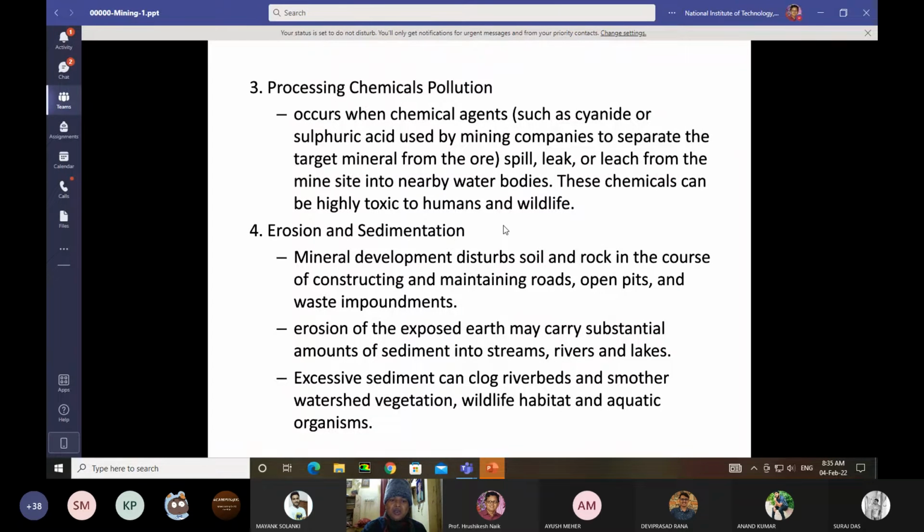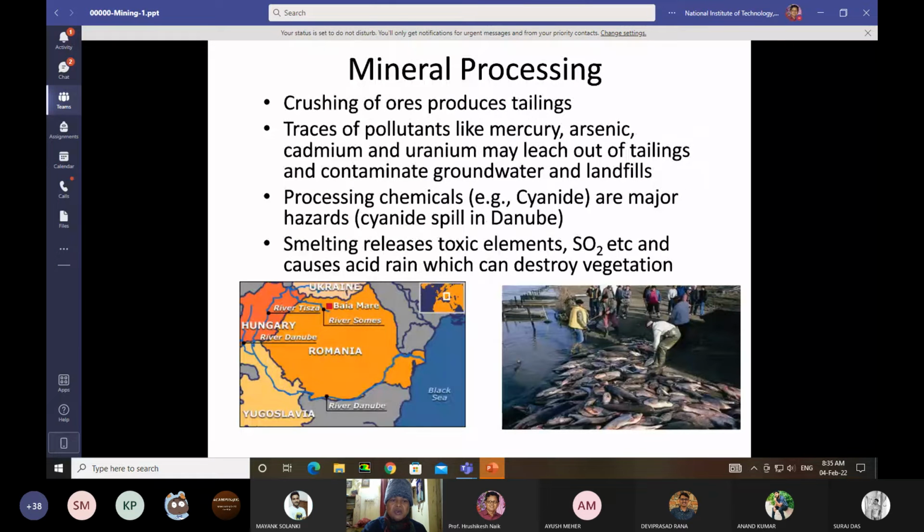Whenever you go for processing the minerals, crushing of the ores produces mine tailings, waste materials. Traces of pollutants like mercury, arsenic, cadmium, and uranium may leach out of tailings and contaminate the groundwater and landfills. Processing chemicals like cyanide are major hazards associated with gold processing.